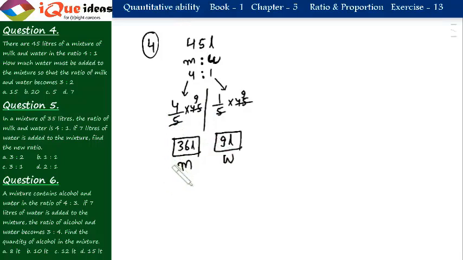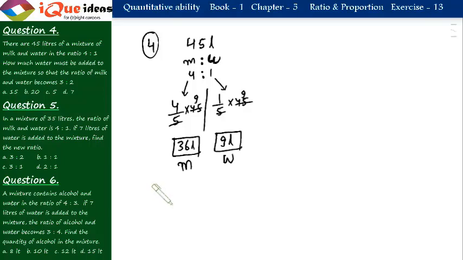Okay. Now the question says how much water must be added to the mixture so that the ratio of milk and water becomes 3 is to 2. Now the second part of the question. The question is asking how much water must be added, so let's assume that we add X liters of water.